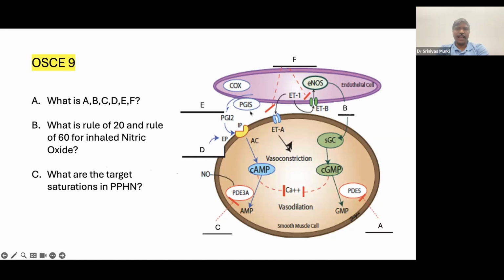I think you're all right. A is sildenafil, I'll tell in detail after this. What is the rule of 20 and rule of 60? It is starting and stopping, but 20 means you need 3 things in rule of 20 and 3 things in rule of 60. So OI of 20, yes.